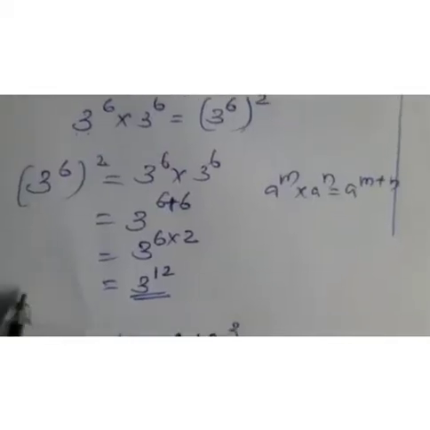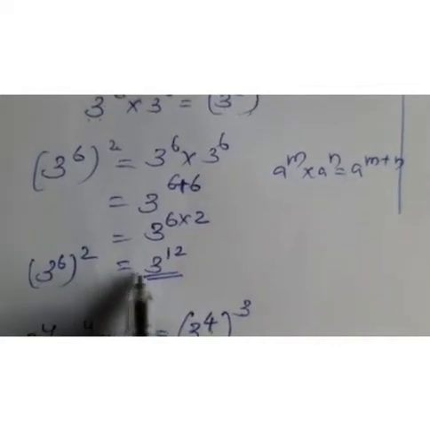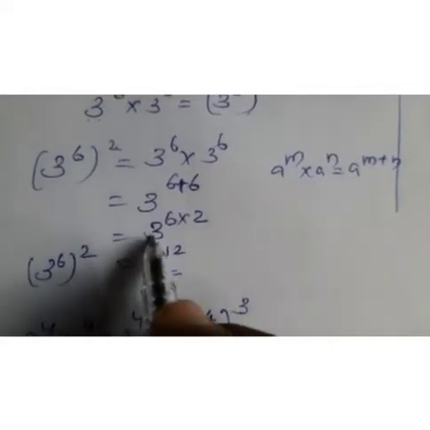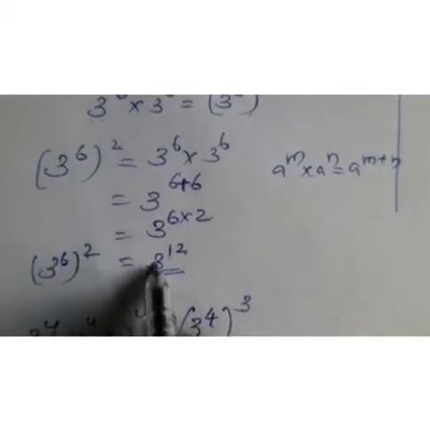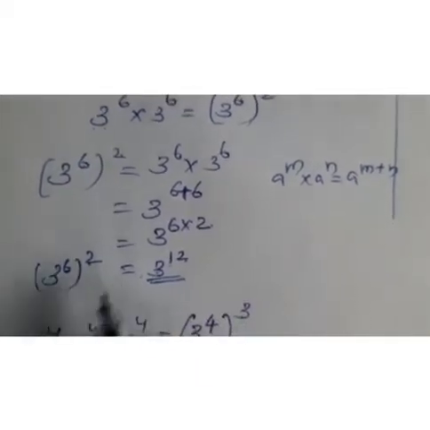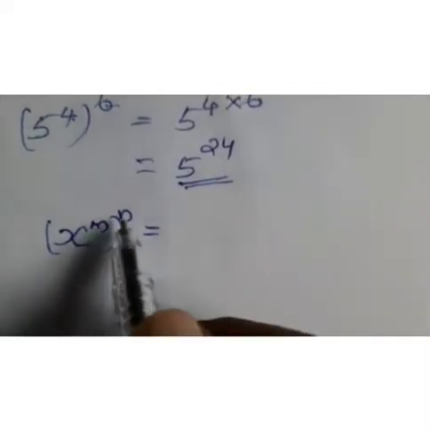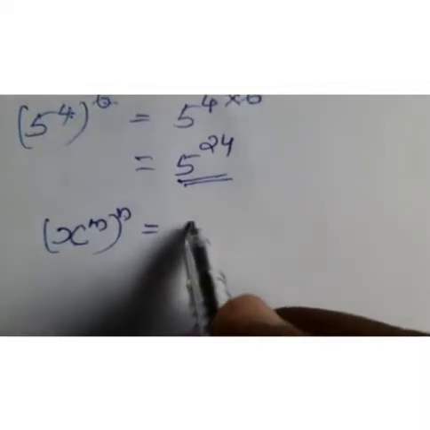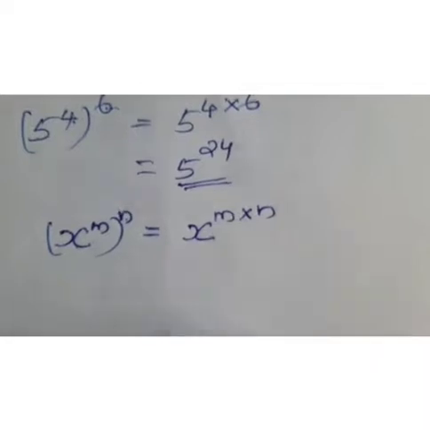Same like the previous one. 3 raised to 6 whole raised to 2 is equal to, how much you know? 3 raised to 6 into 2. That is 12. So 6 into 2. So that is the power of powers. Generally we can write like this. x raised to m whole raised to n is equal to x raised to m into n.